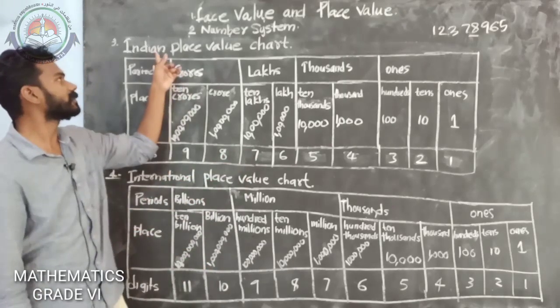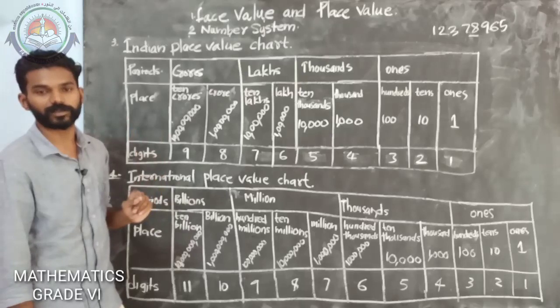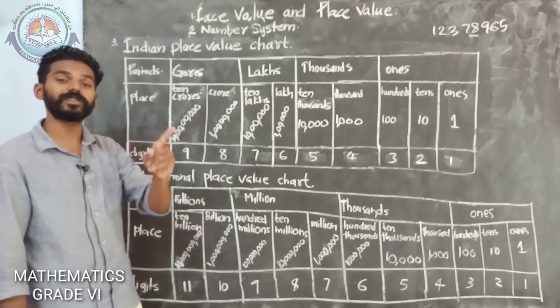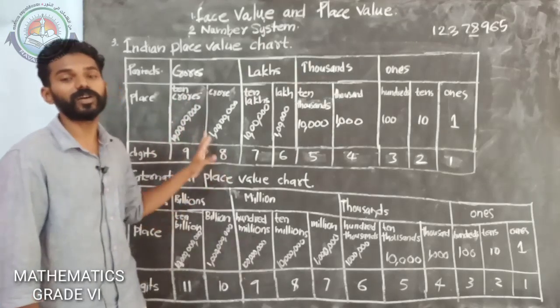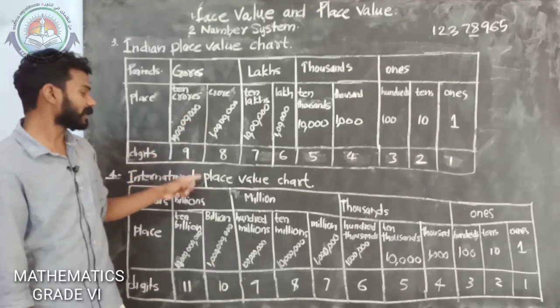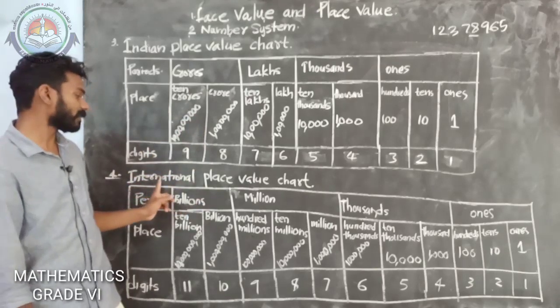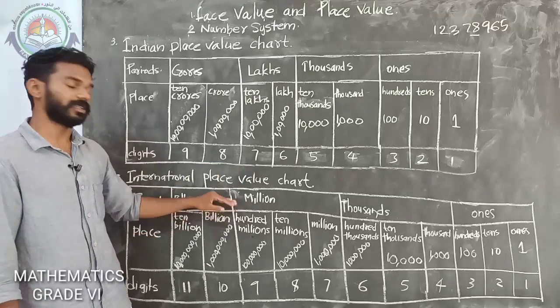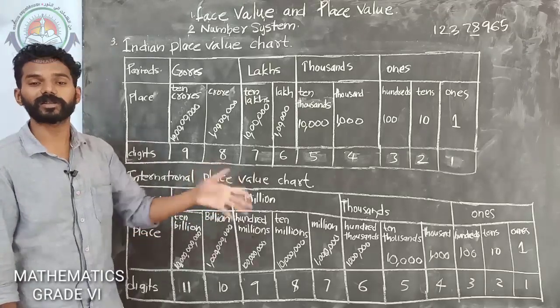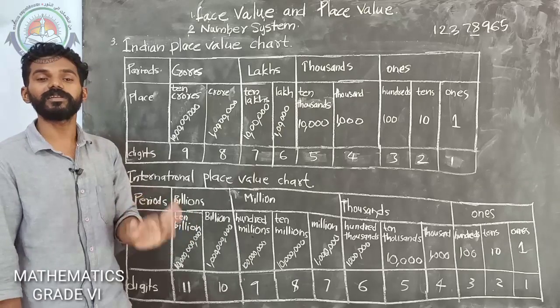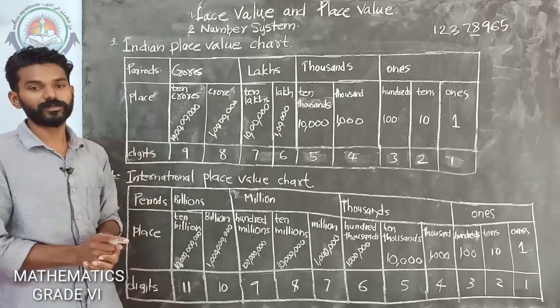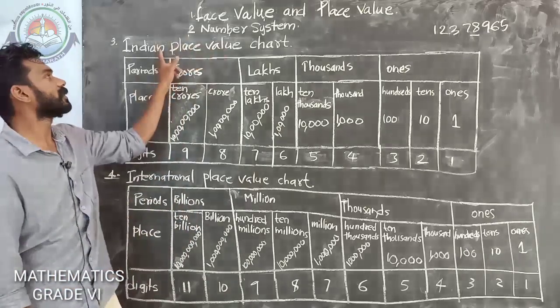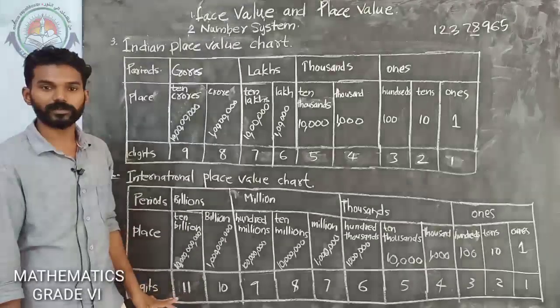One represents the Indian place value chart, which is associated with the Indian number system, and the second one is the international place value chart, which represents the international number system. So, let's begin with the Indian place value chart.